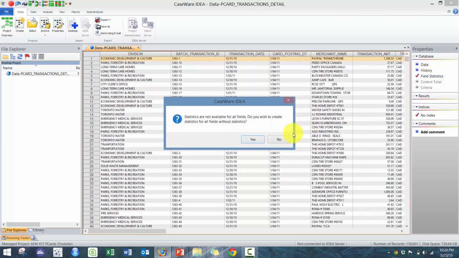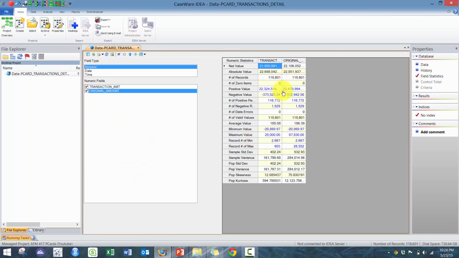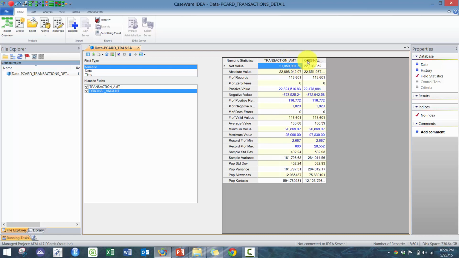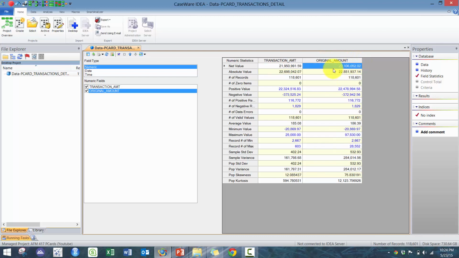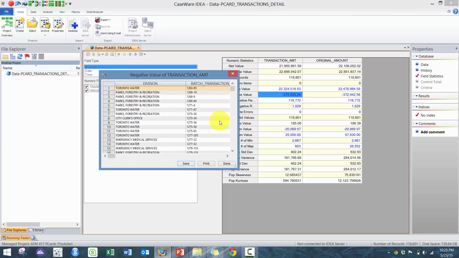We should run some quick field statistics to get a range and understanding of the data that we're working with. The transaction amount is the amount converted to Canadian, and the original amount is the actual currency amount, so that could be a mix of different currencies. You can see here we have some negative values.